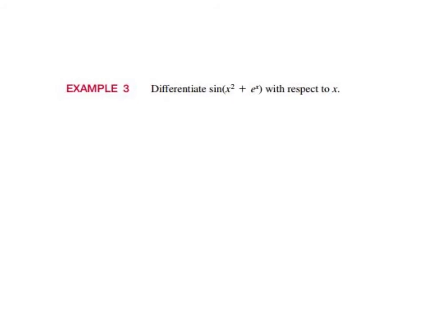So I'm going to take the derivative of the outer function. The derivative of sine is cosine. And then I'm going to multiply it by the derivative of the inside function. The derivative of the inside function is 2x plus e to the x.